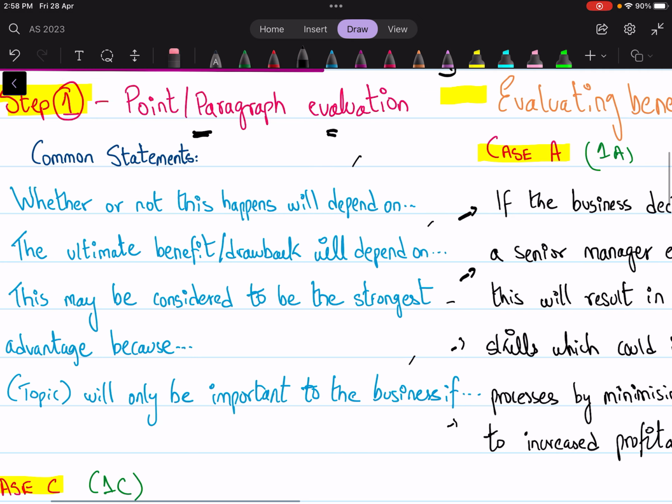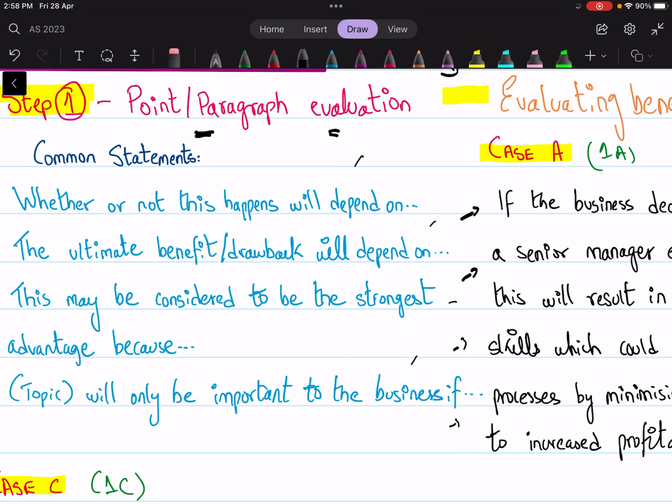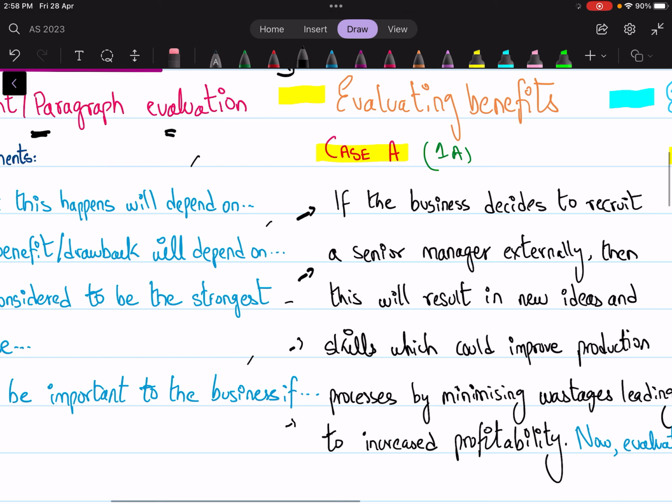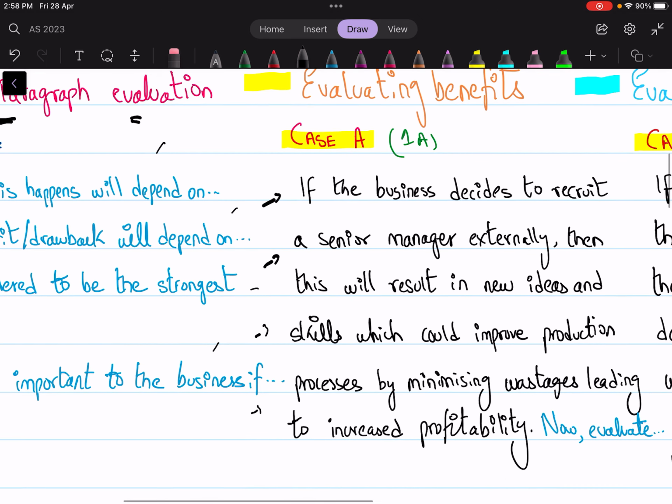For me, I would choose primarily the first or the second, because case A indicates that the business is trying to recruit an employee who is external to the business, right? And indicating that, okay fine, this will result in new ideas and so on. Now, how would I evaluate this particular scenario?